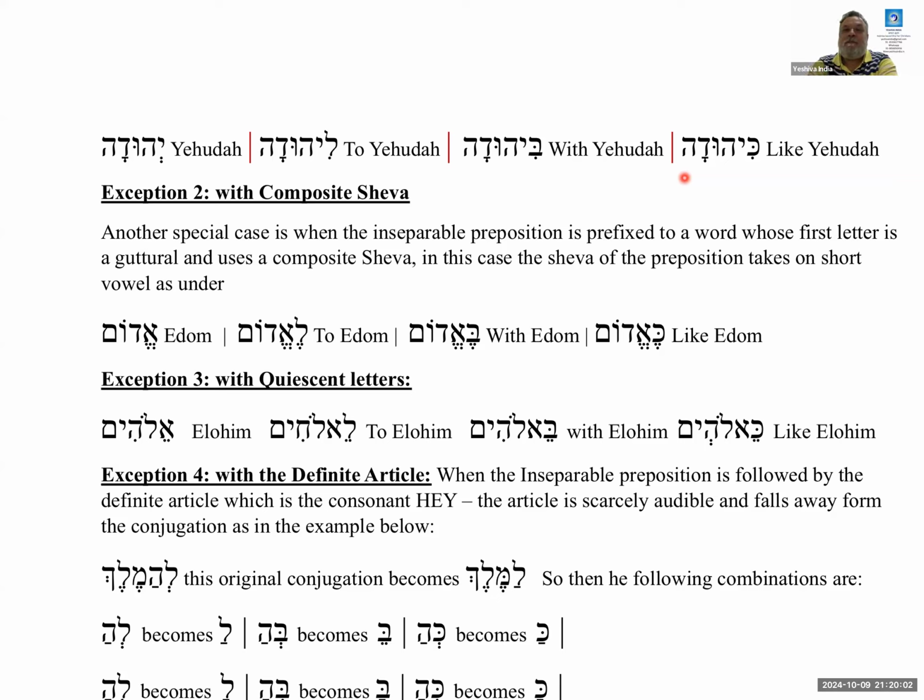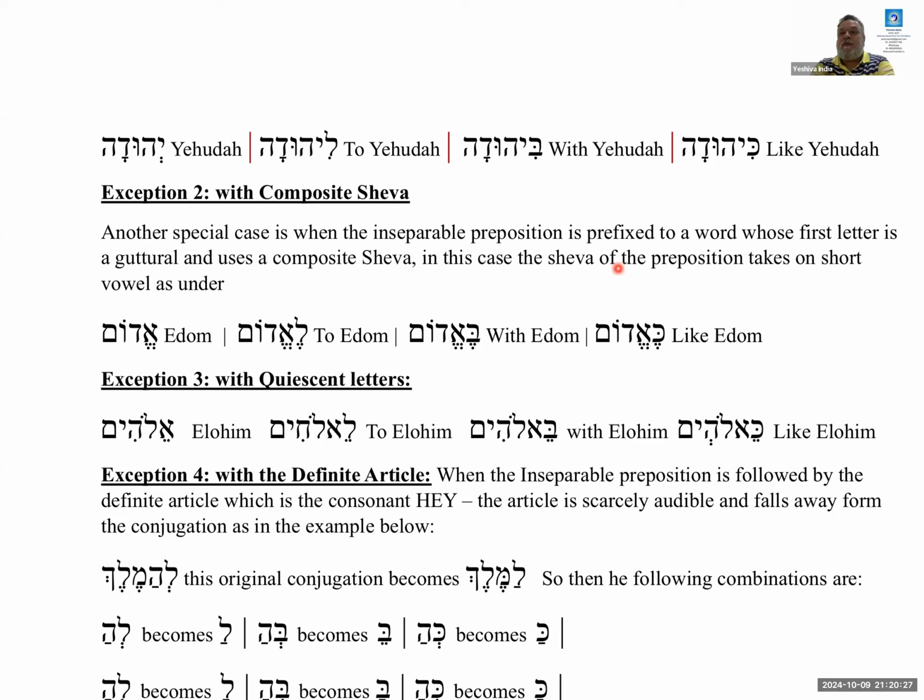Okay. Great. Exception 2 is when it comes with the composite sheva. Now the composite sheva is used by the gutturals, like Edom. Another special case is when the inseparable preposition is prefixed to a word whose first letter is a guttural and uses a composite sheva.